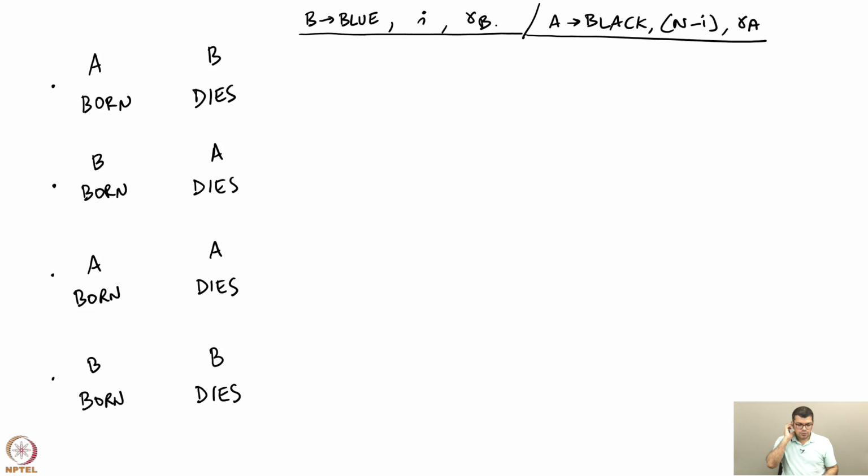So, what we are going to do is compute the probability associated with each one of these four processes. Let us start with the first one.